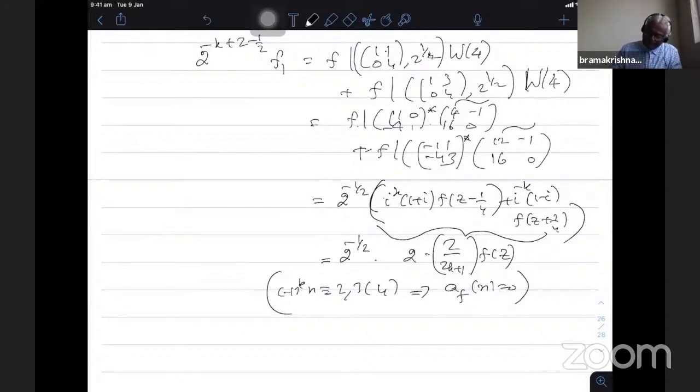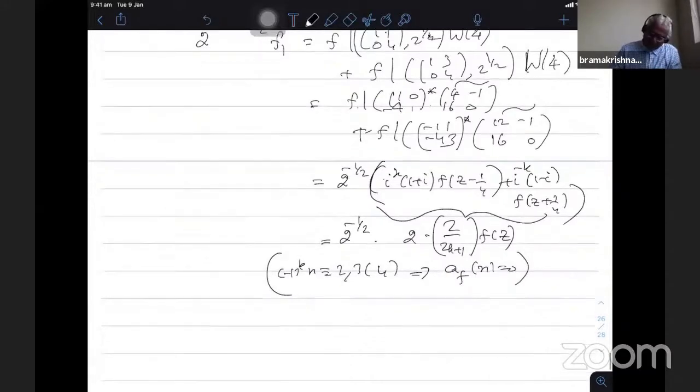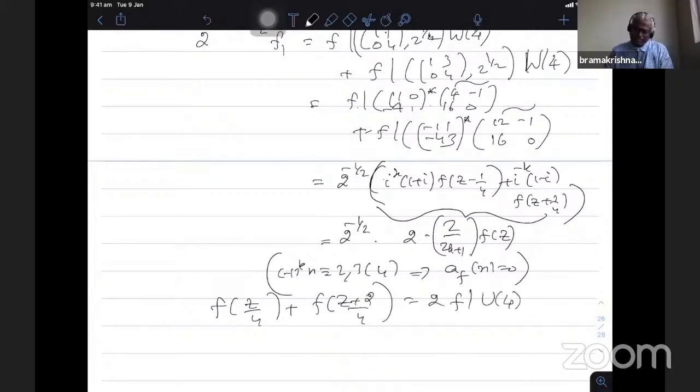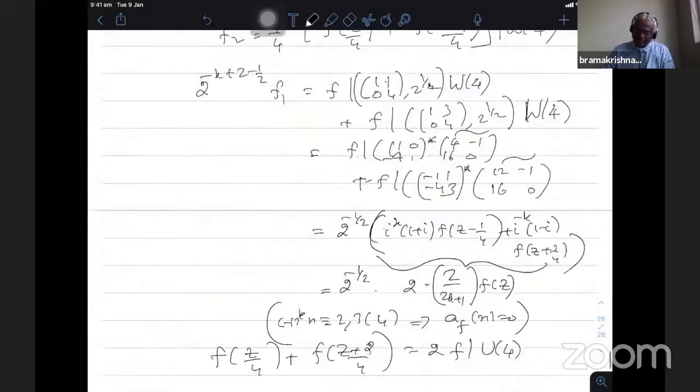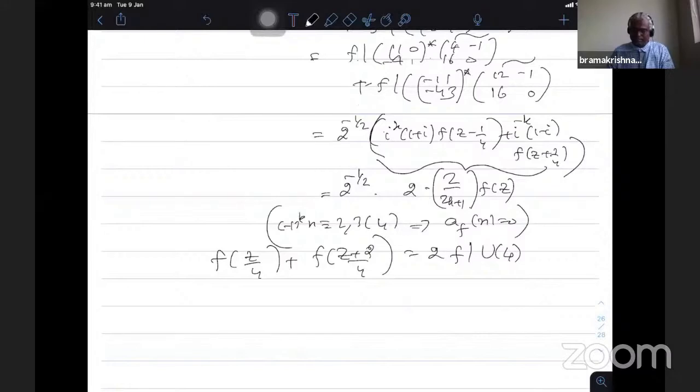The same thing is used to prove the following: f of z by 4 plus f of z plus 2 by 4. If I do that, this is f2 times f bar u4. So the second part f2 is there, f of z by 4, f of z plus 2 by 4. If I calculate using again the same fact that half of the coefficients vanish, this exactly gives 2 times f bar u4.